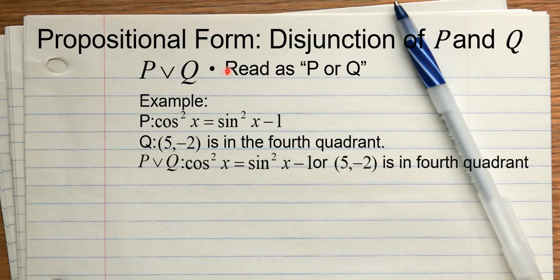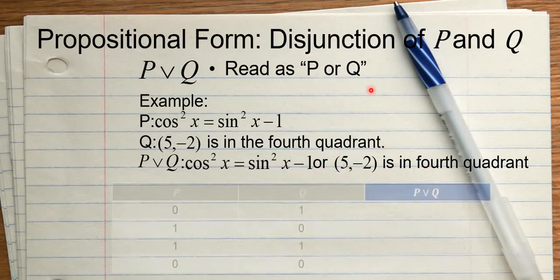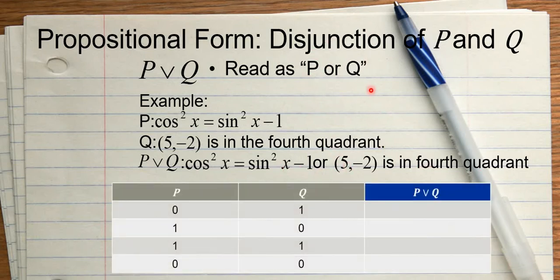So if we would have the proposition P or Q, that would mean cosine squared x is equal to sine squared x minus 1, or (5, negative 2) is in the fourth quadrant. So that is an example of our disjunction of P and Q. We will use the word or. And since we are using the word or, that means it can either be P or Q that we consider.